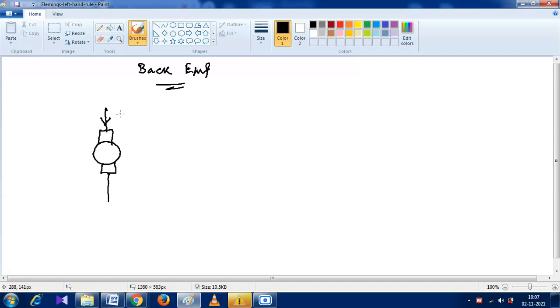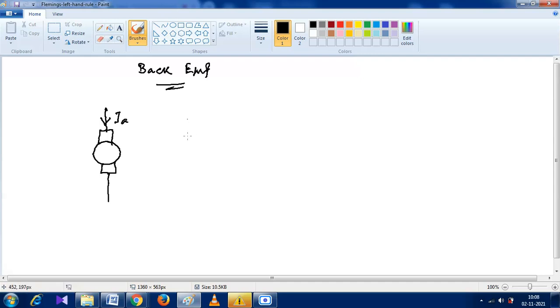In which direction will the current be? In which direction do we denote the current, towards or outward? Manish: Towards, sir. Because we are talking about a DC motor, the direction of the current is inward.